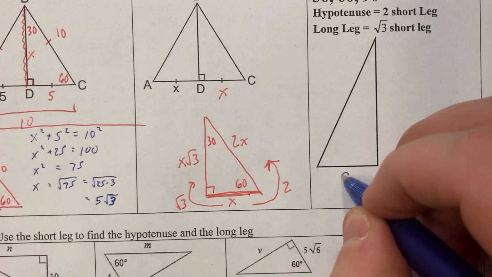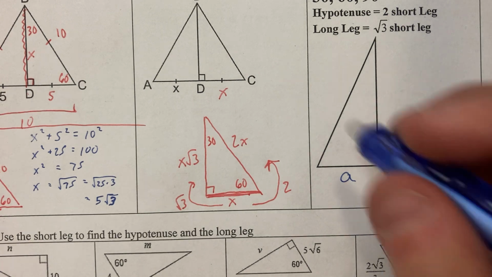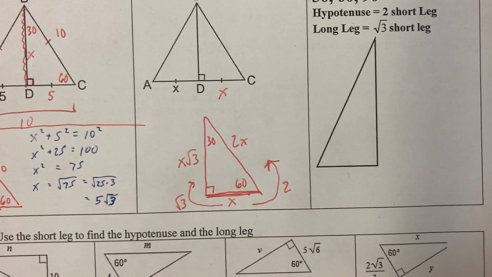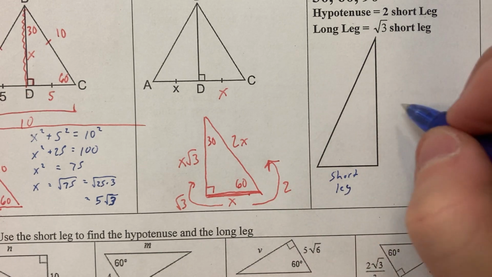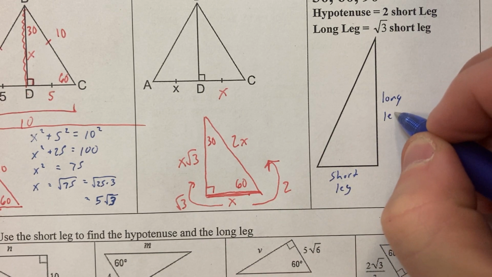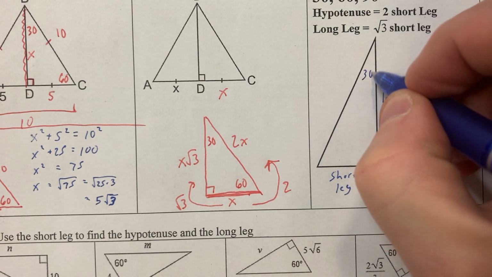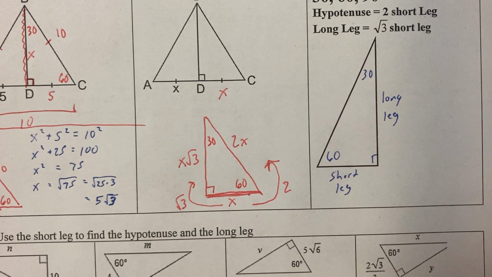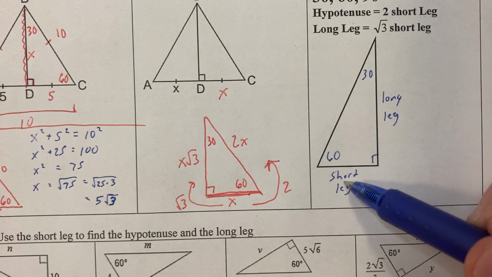If this is a short leg, long leg, 30 and 60. 30 is the smaller, so it's going to be across from the short leg.